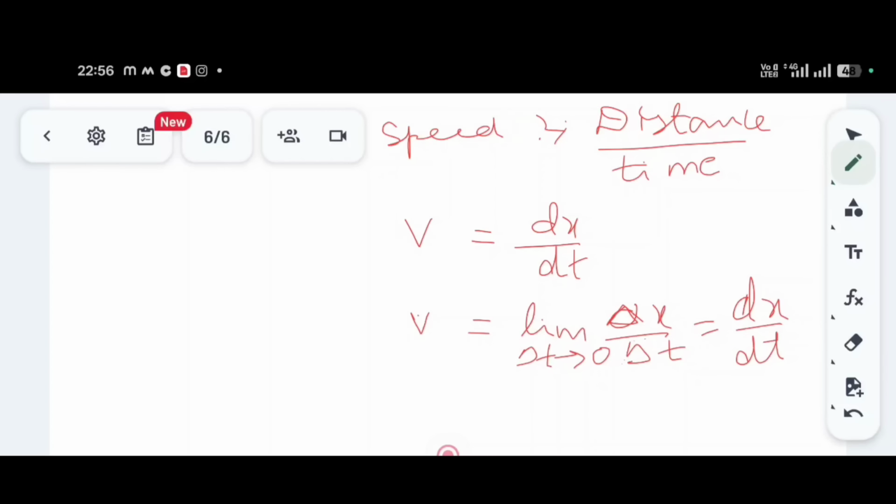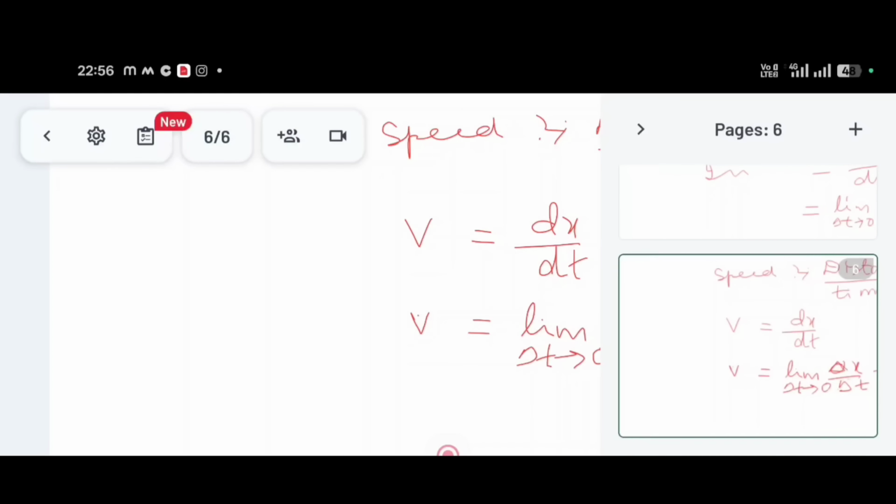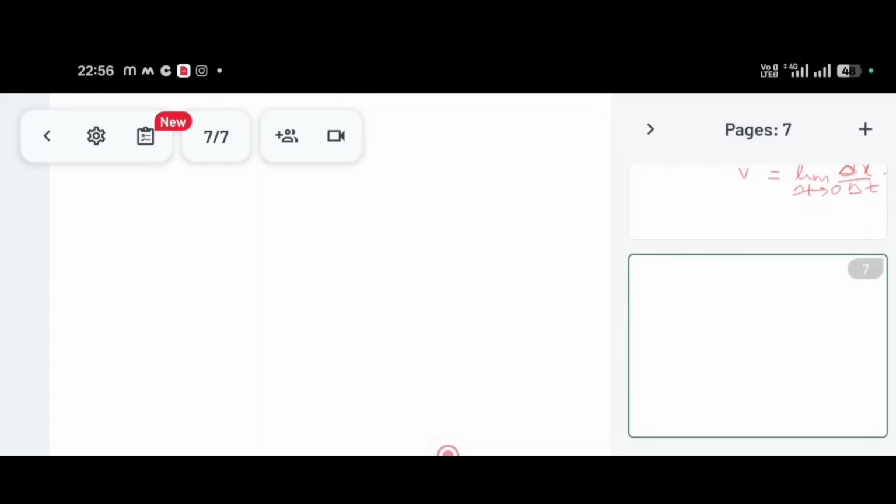And similarly we can take acceleration. Acceleration is the rate of change of velocity.